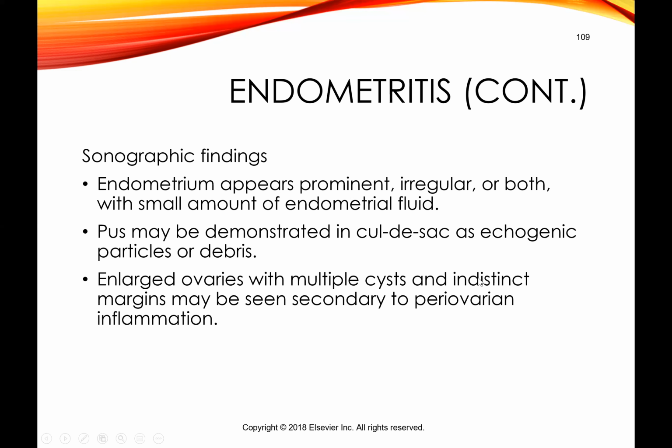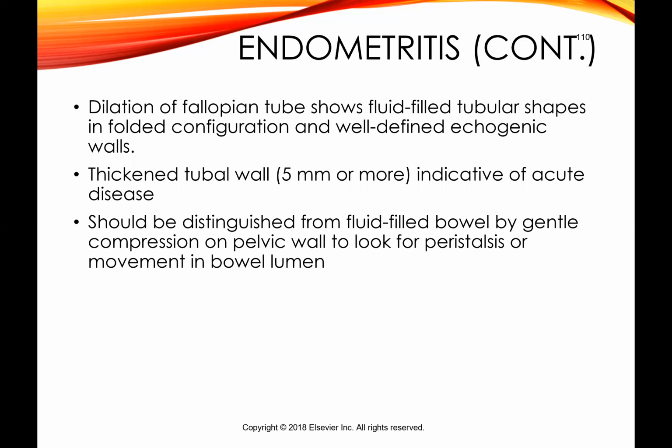Enlarged ovaries with multiple cysts and indistinct margins may be secondary to periovarian inflammation if the endometritis spreads through the tubes into the ovaries. So dilatation of the fallopian tube, stage 2 of acute pelvic inflammatory disease, PID, shows fluid-filled tubular shapes, a folded configuration, and well-defined echogenic walls.